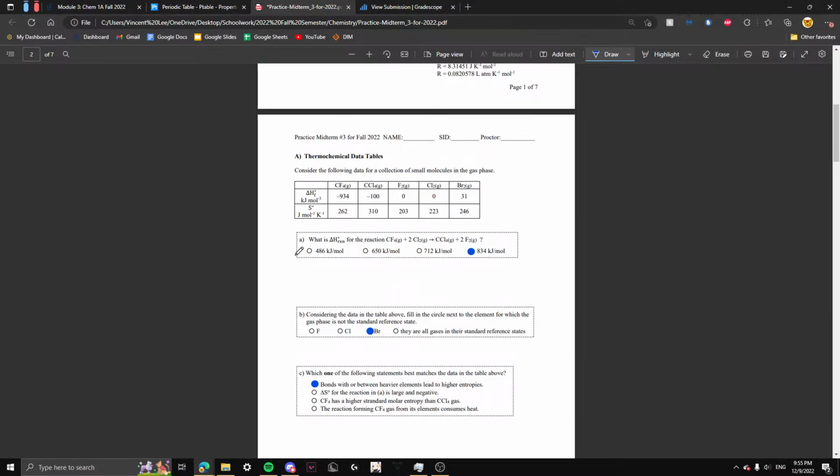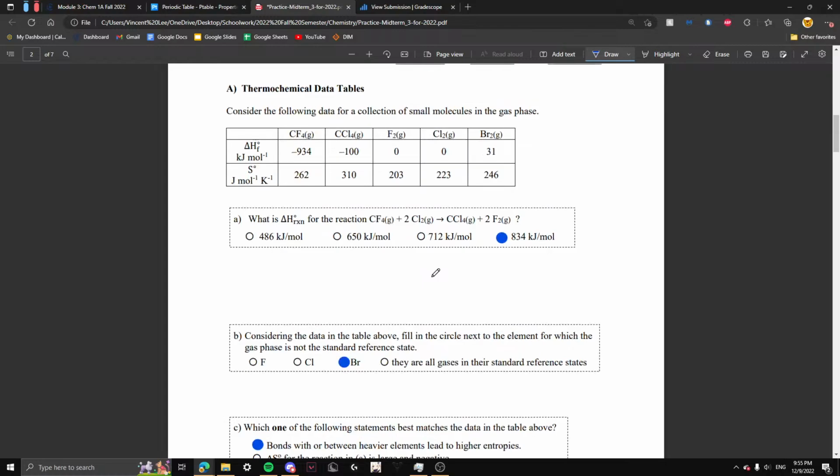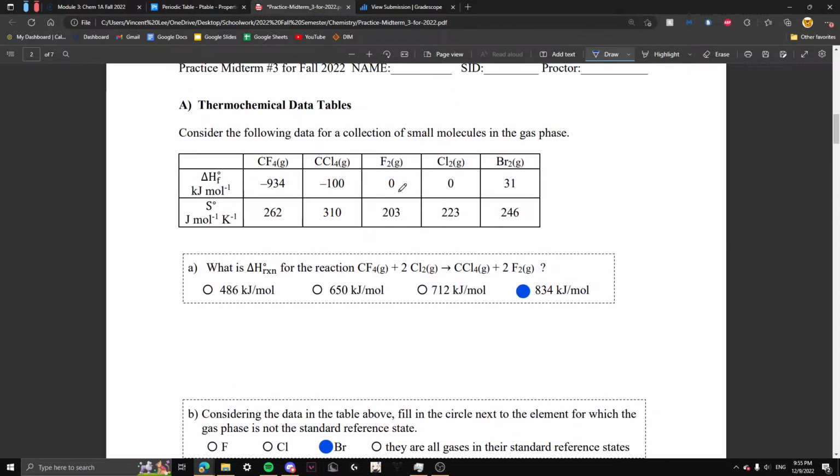Alright, question 1. Delta H reaction. Fairly simple. It's just products minus reactants. So we just go into products. So 2F2 is 2 times 0. CCl4 is negative 100.